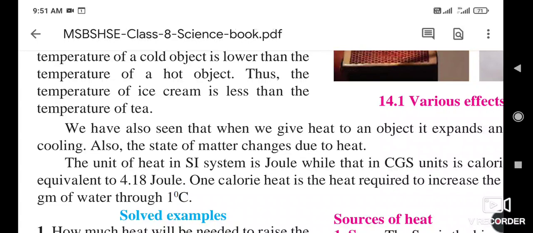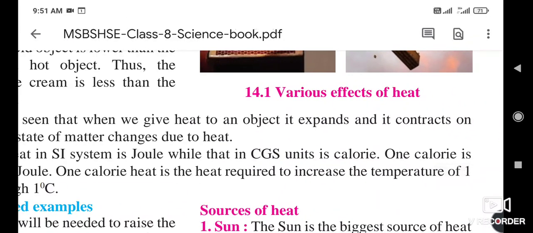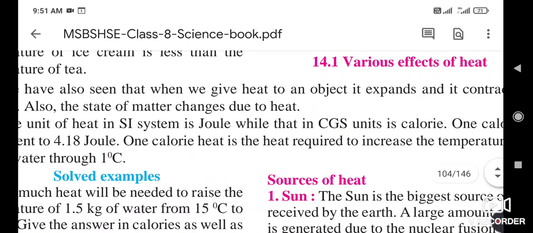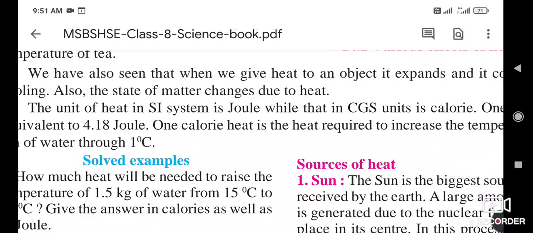This heat is calculated in the SI system as a joule, and in the CGS unit as a calorie. The measurements, both joule and calorie, have a correlation: 1 calorie is equivalent to 4.18 joule.